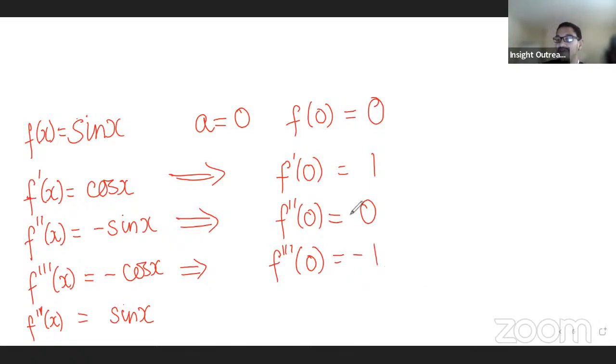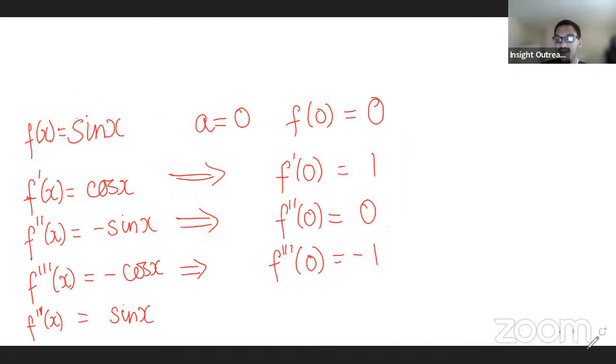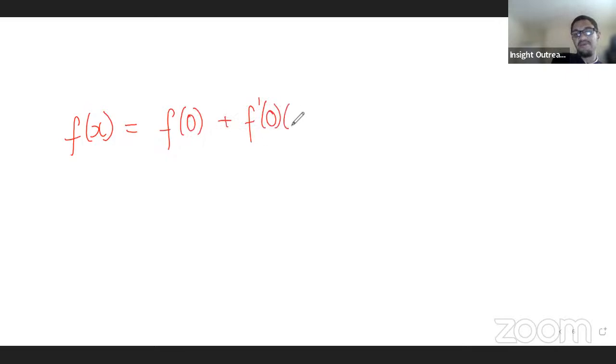So what you can do is put this back into the function, like here. We would get f of x equals f of 0 plus f dash of 0 times x minus 0, so it's just x, plus 1 over 2 factorial f double dash of 0 x squared.